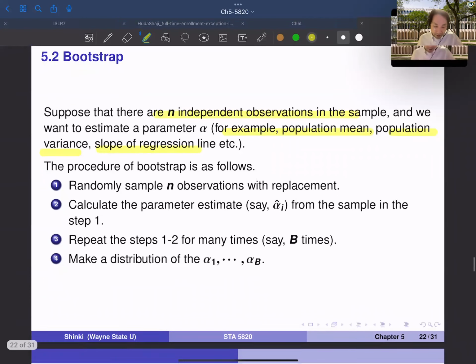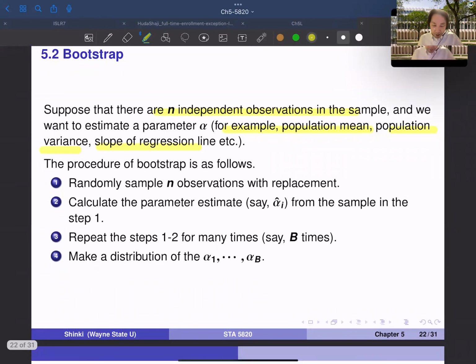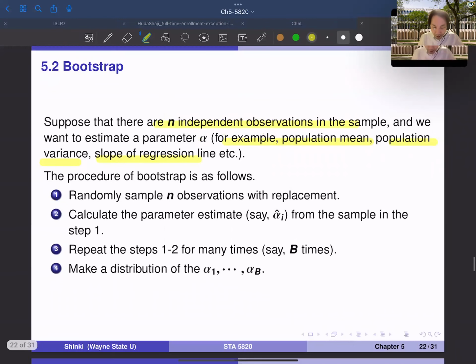This is the procedure for Bootstrap. At first, randomly sample n observations with replacement. So if we have 5 observations, we take 5 observations from those 5 observations, but with replacement.